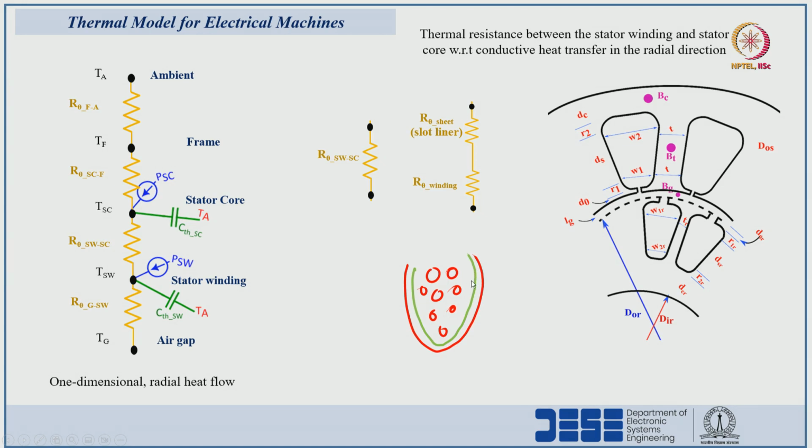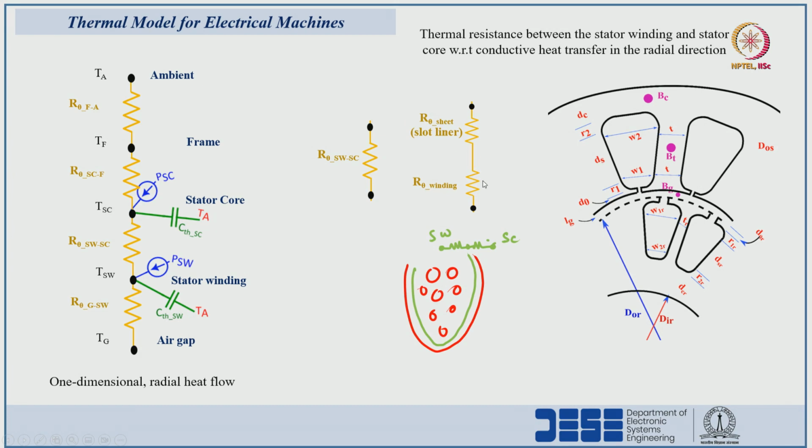So, in order to calculate the thermal resistance from this point to the core, this is the stator core, this is the stator winding. The resistance offered by the stator winding and the resistance offered by the slot liner, I am representing here in series, the two resistances.